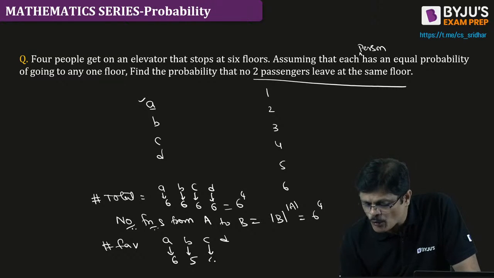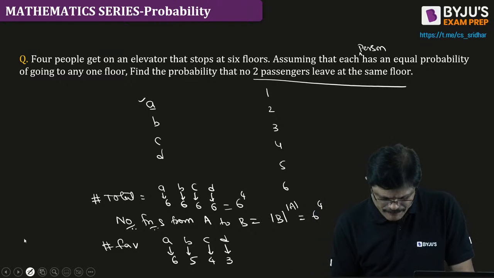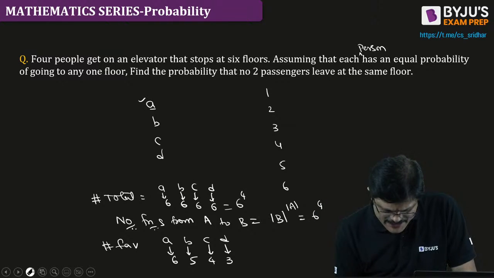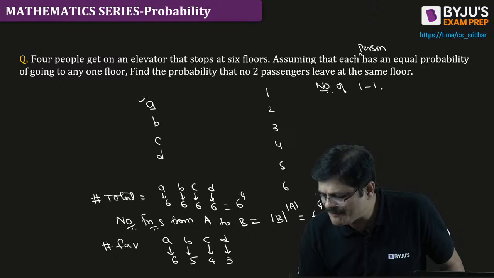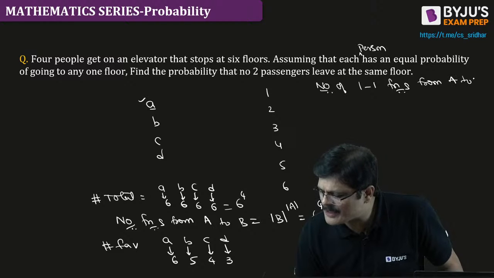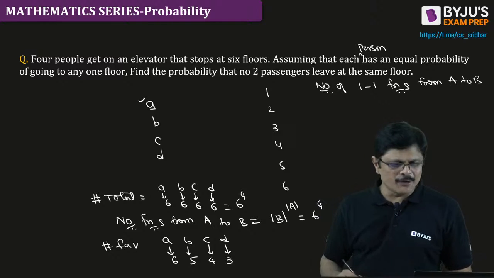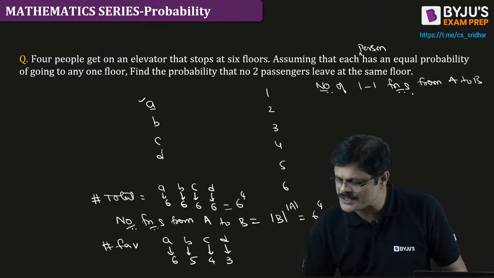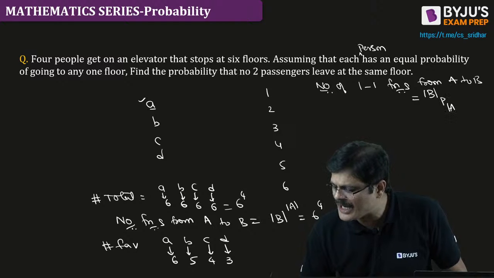The third fellow will have only 4 choices, and the fourth fellow will have only 3 choices. Mathematically, this is the same as the number of 1-1 functions from set A to set B. The number of 1-1 functions is given by the formula nPr, so that is nothing but 6P4.